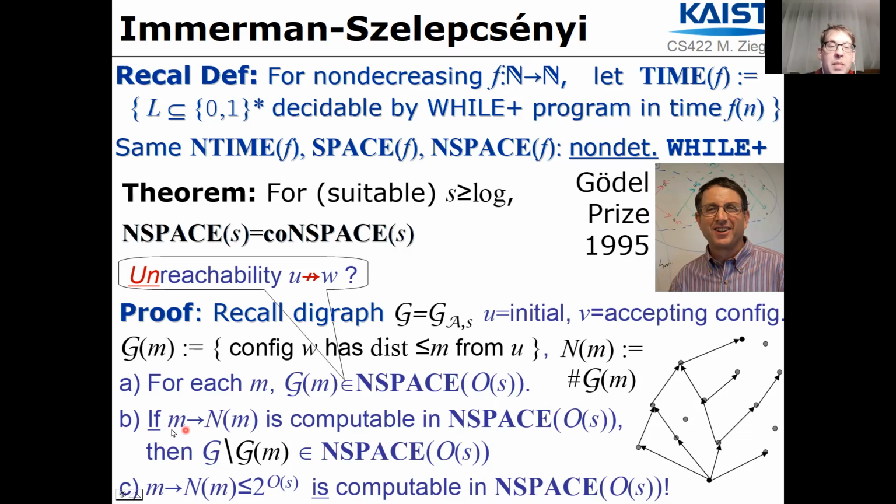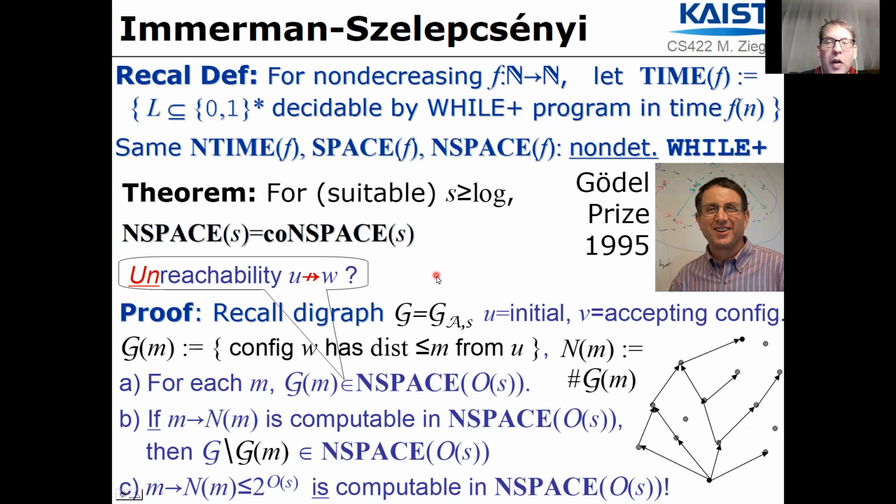And according to item B, if this function is computable, then we also can positively verify non-reachability at all, because if some vertex is not reachable within m equal 2 to the s steps, then it's not reachable at all. And this is precisely the claim. The unreachability is decidable with only linear overhead in positively non-deterministic guesses.